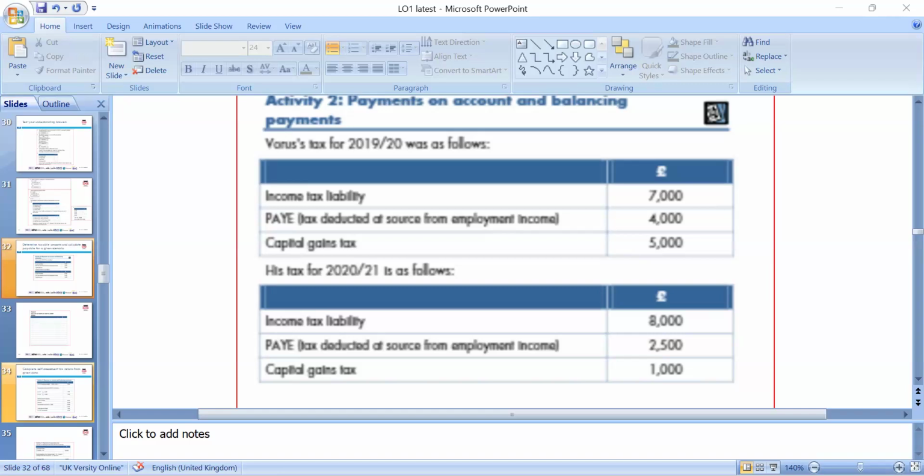Penalties on unpaid tax are 5%, 10% if more than 5 months, or 15% of the unpaid tax. So that's what we need to look at.